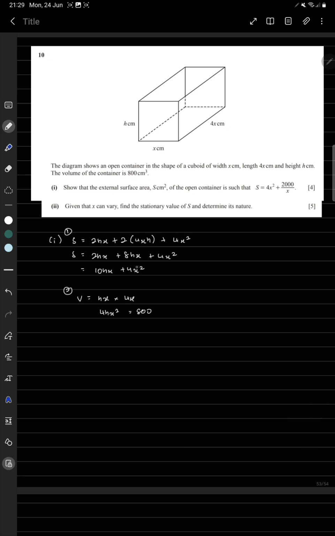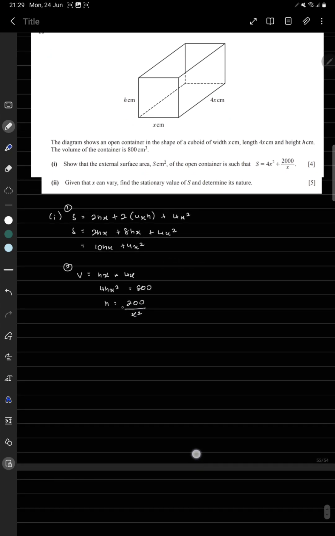Now notice that in this equation we have h, but in the question it doesn't have h. This indicates that we want to remove h, and by doing that we want to make h the subject. So we'll have 800 divided by 4x squared. That's going to give us 200 over x squared.